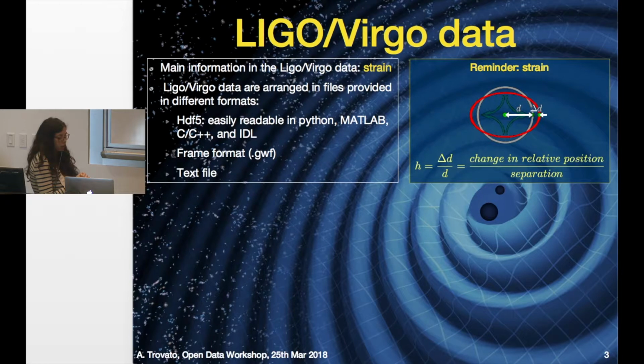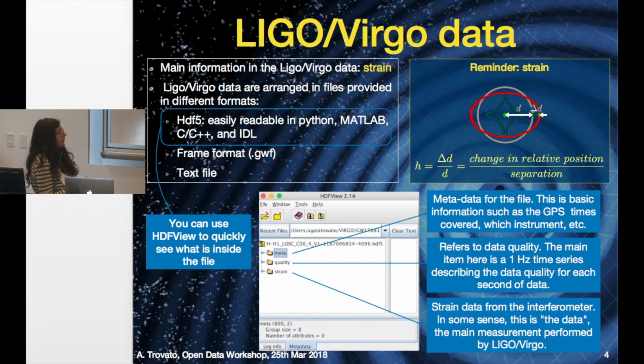Only for the events, not for the bulk data, you also find text files, basically two columns with the time and the strain. I put here an example of a screenshot that you can have if you open one of these data files with a viewer. For example, HDFView gives you a nice quick view of what is inside the data.